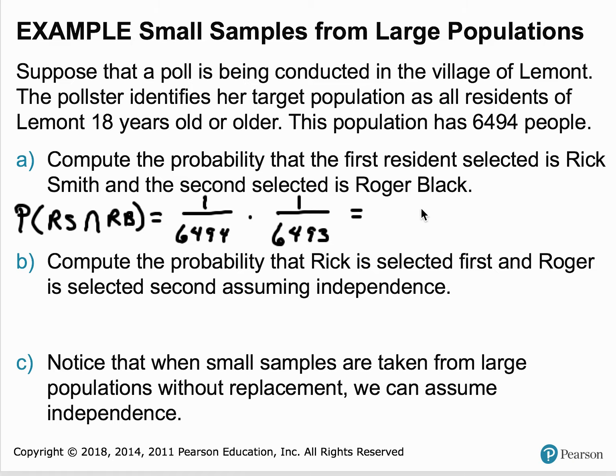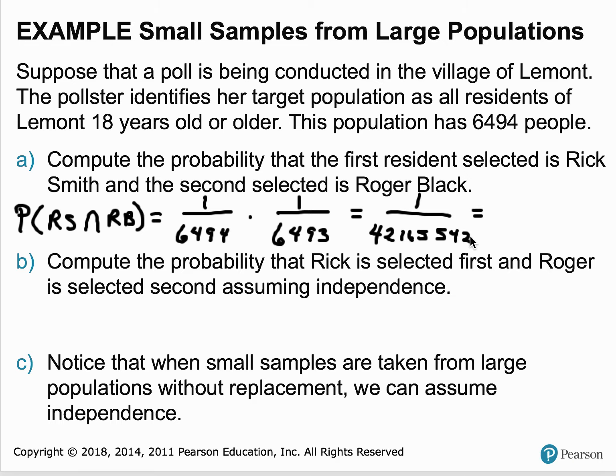So that's 1 over 6494 times 6493, which is 1 out of 42,165,542.